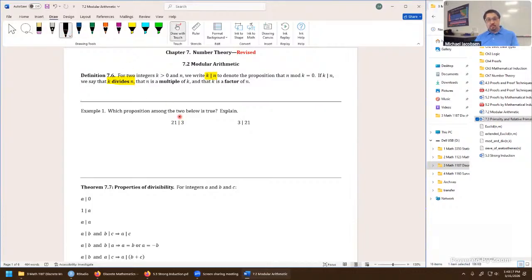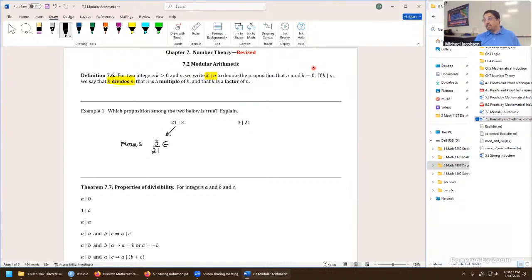If we start off with this one, read this out as 21 divides 3. Oh, got that backwards. 21 divides 3. In other words, the modulus is 0, or the division is even, but you could also say that in a different way.